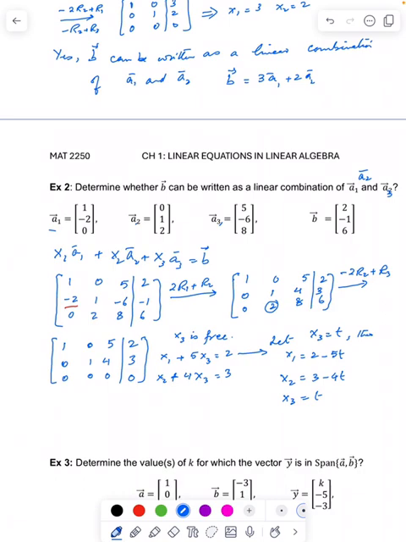So what does that mean? It means we can actually write B as many different linear combinations of these three vectors. For example, if t is 1, then x1 will be -3, x2 will be, okay, let's do it like this.